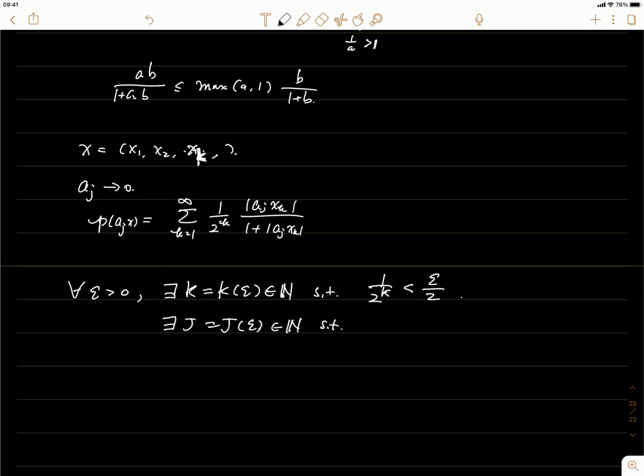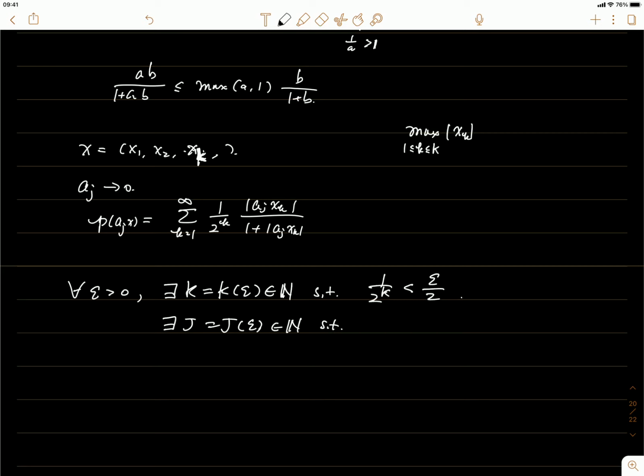So I will be interested in, I know that this is less than, I would say, the maximum term for the xk, 1 less than or equal to k less than or equal to capital K. So this will be a fixed number since the x is given here. So this is a fixed number.